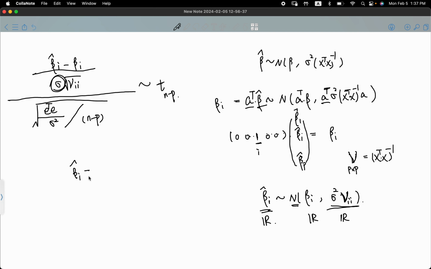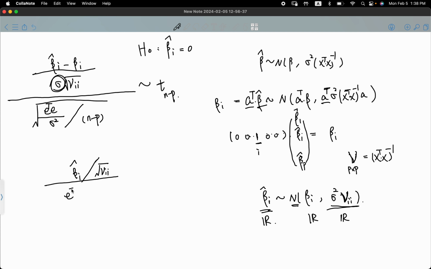Okay, and then from here you can see that for beta i, I'm just going to say our null hypothesis is beta i equal to 0. So I'm just going to subtract 0 for this particular test. And then this sigma squared and this sigma squared cancel out. So we only have the estimate over the square root of this matrix V, and this matrix can be obtained from your data.